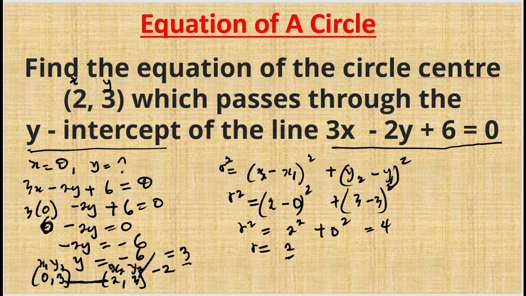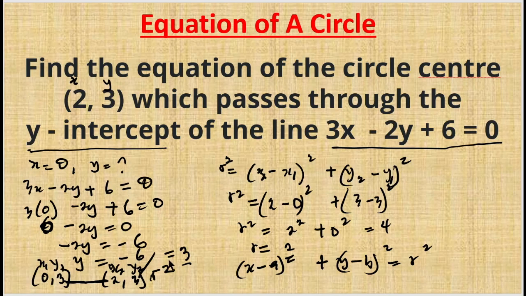Now, since I've gotten r, I can now form the equation of this circle. Remember the formula for equation of the circle says x minus a all squared plus y minus b all squared is equal to r squared, where my a and b strictly refers to the center of the circle.